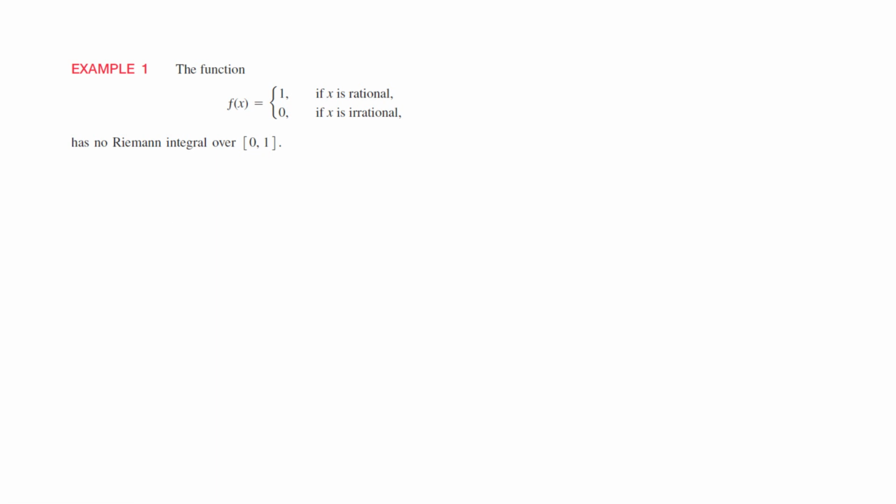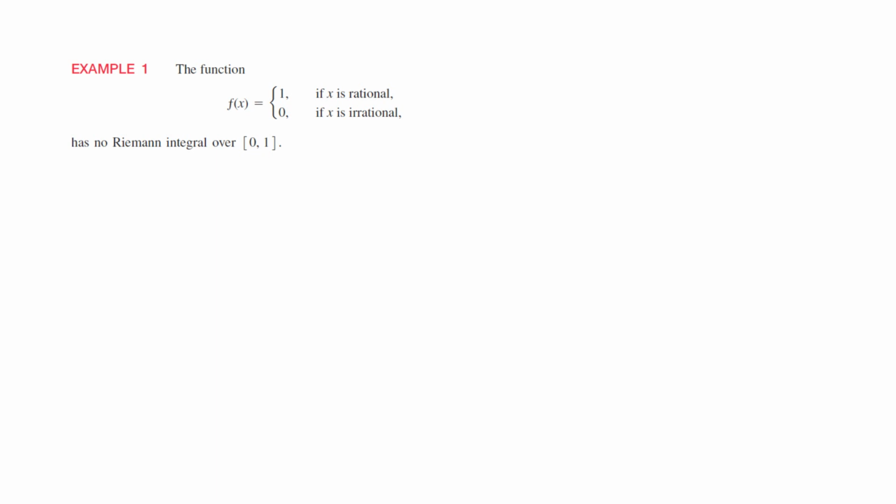Since the value of the function is 1 when x is rational and 0 when x is irrational, and keeping in mind that between any two numbers there is both a rational number and an irrational number, whenever we have two real numbers, there is a rational number and an irrational number in between.